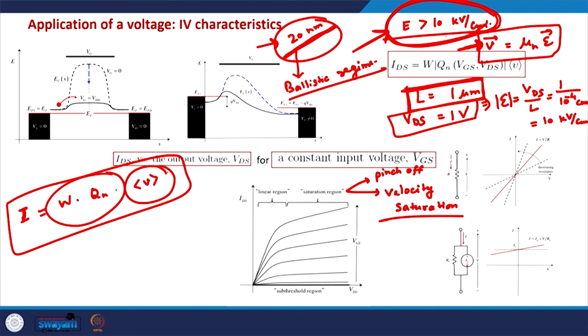And it seems that even if the velocity is not saturated, this saturation region still appears in the IV characteristics. So there might be a third reason of saturation for nanoscale MOSFETs or in the ballistic regime.